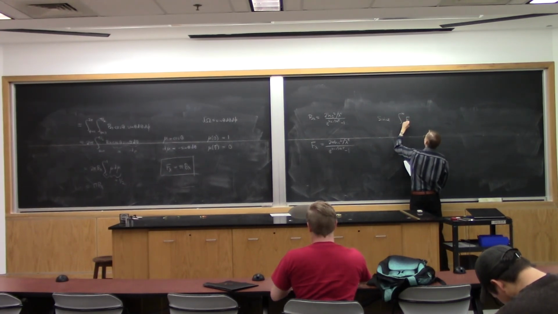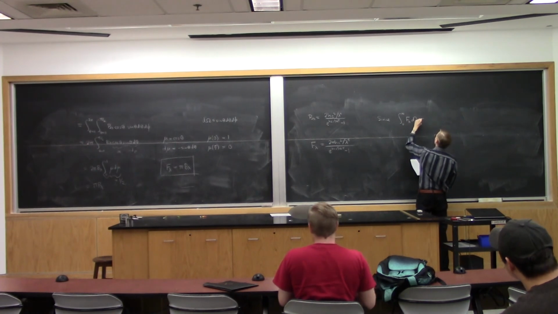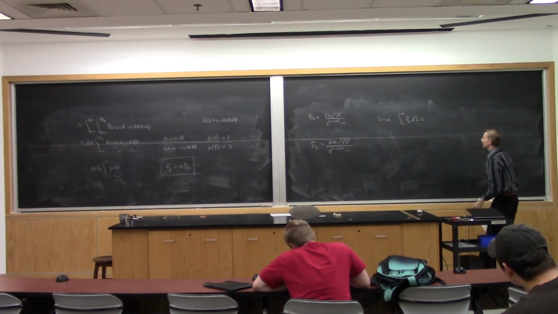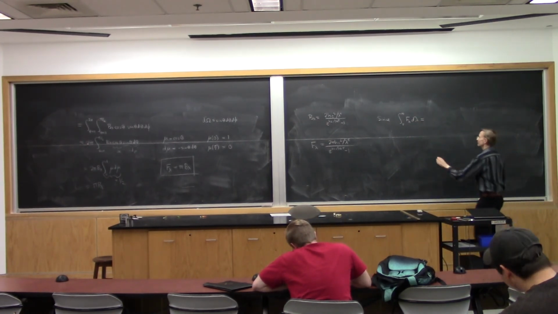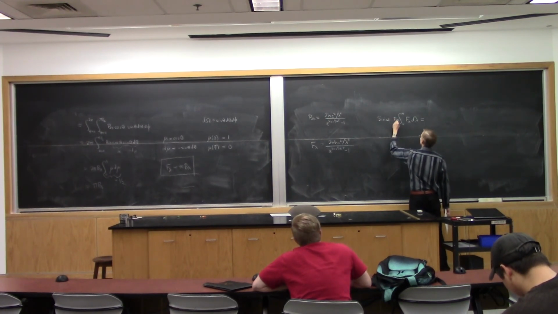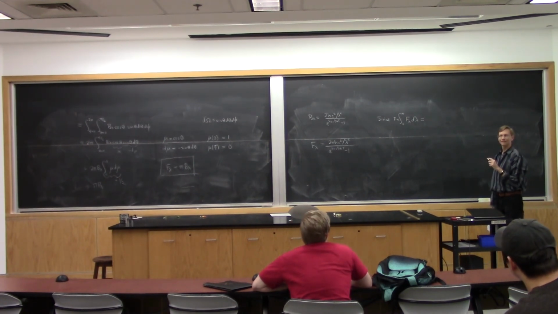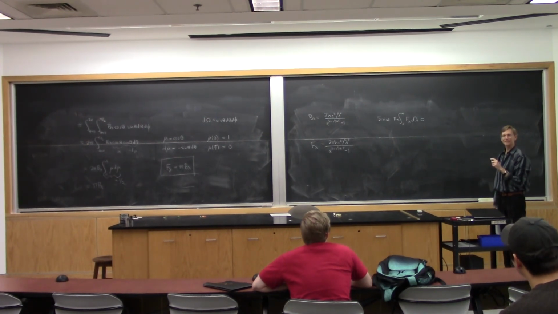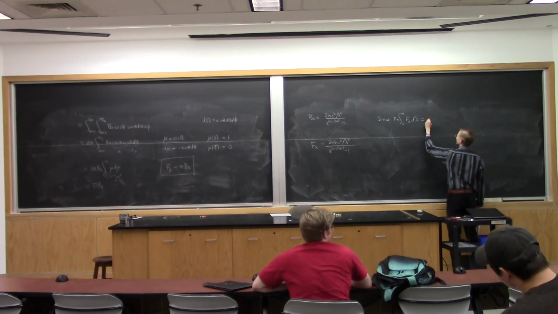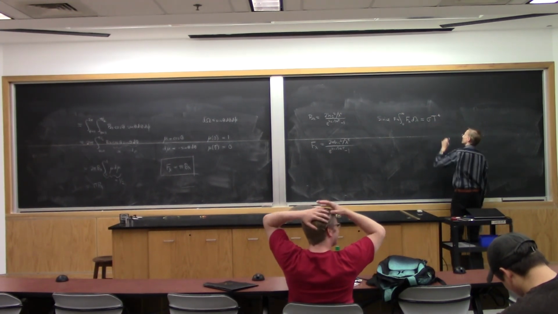Remember that the total flux, which is the integral from 0 to infinity of F lambda d lambda, says the Stefan-Boltzmann law, is equal to sigma T to the fourth.